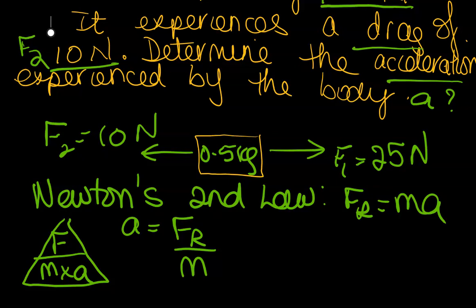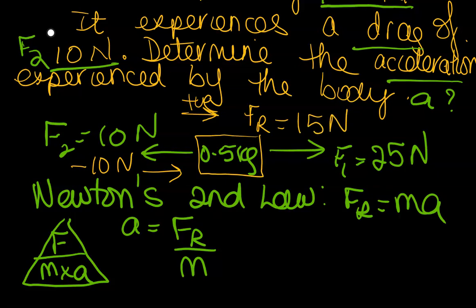If I consider this direction as positive, I have F1 minus F2, because to convert F2 to one direction, I have to put a negative 10. So it becomes 25 plus minus 10. That is the difference in the two, which gives me my resultant force being 15 newtons.